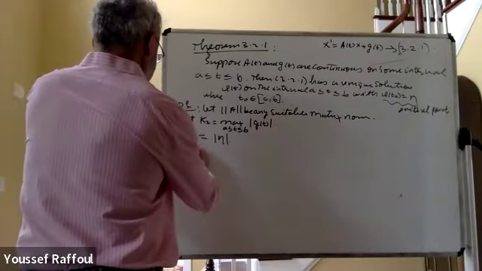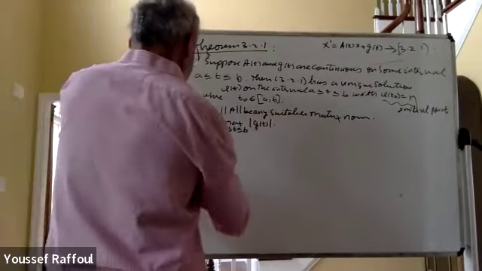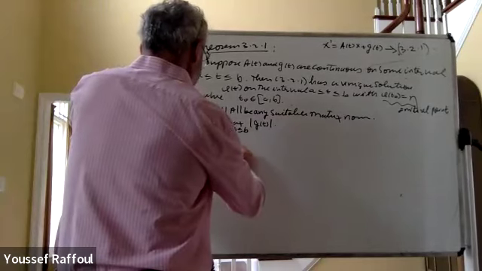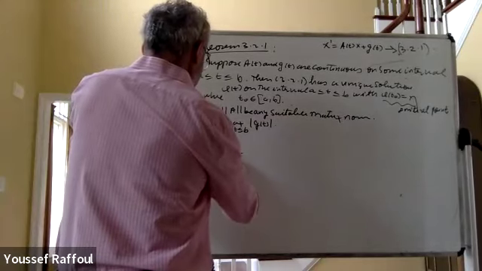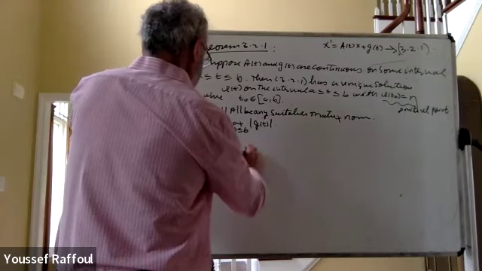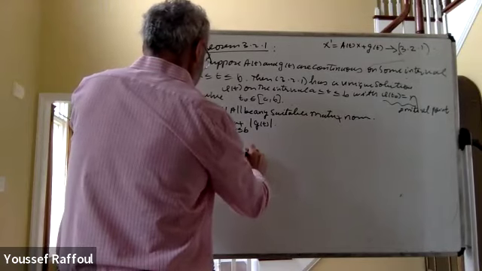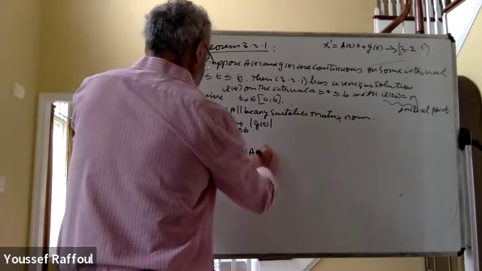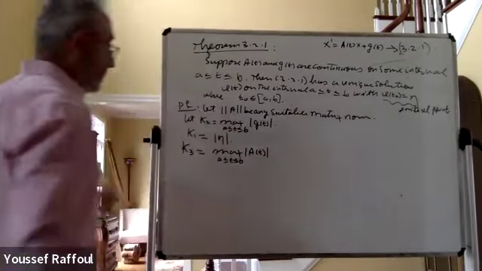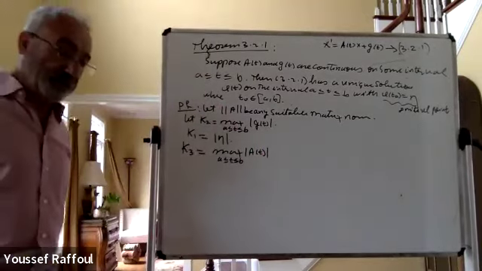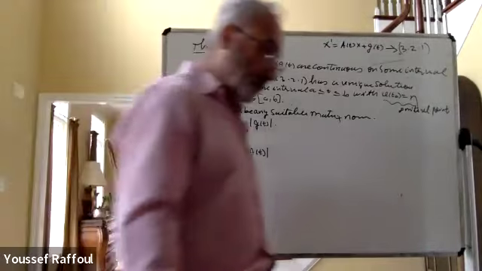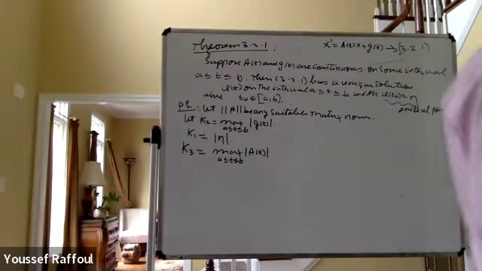Let K3 equal the max over a less or equal to t less or equal to b of ||A(t)||. So that is a norm, basically.